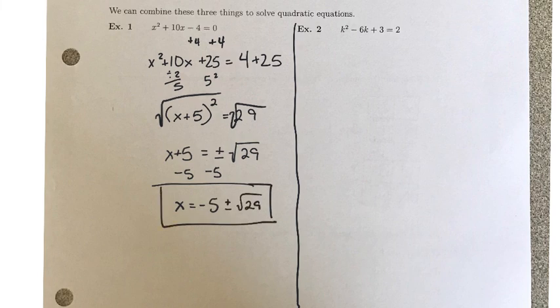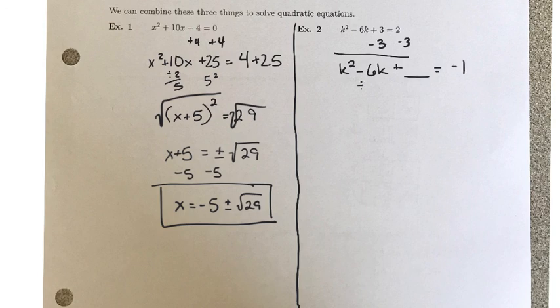So we are doing what we did yesterday and what we did on Friday. Or should I say Monday and Friday, and putting it all into a single type of problem. All right, so let's look at example 2. So we're going to start by subtracting 3. And so we get k squared minus 6k, and we're going to have plus something, is equal to negative 1.